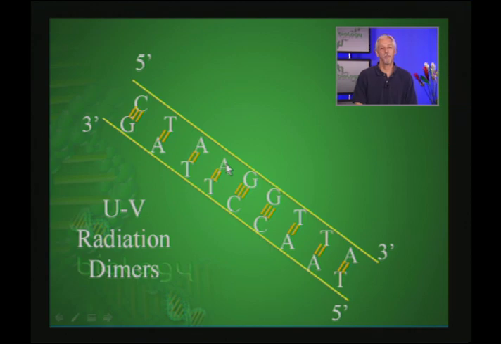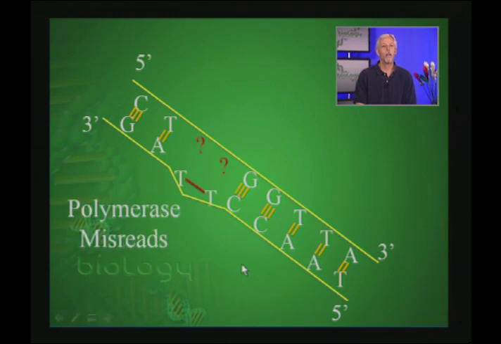Now, another kind of radiation-induced problem involves what are known as dimers. UV radiation can lead to these dimers. Particularly, it involves thymine most of the time. What it can cause is that adjacent thymines will actually form covalent bonds between them that will disrupt the hydrogen bonds with the complementary strand. And it puts a little bump in the DNA double helix. Again, there are so-called excision enzymes and then repair enzymes that will come along and potentially repair that damage.